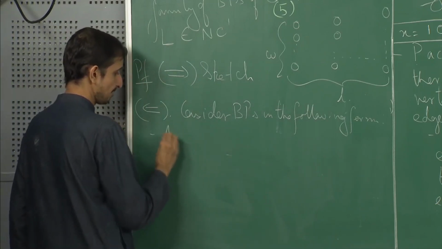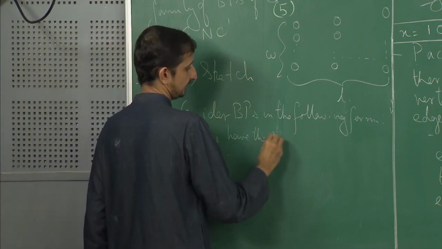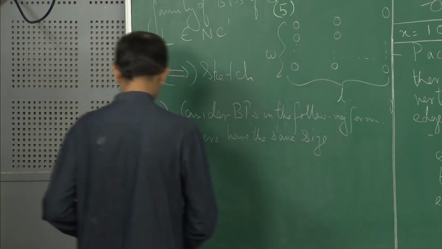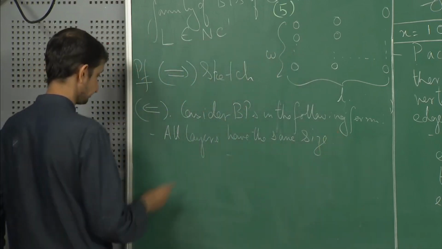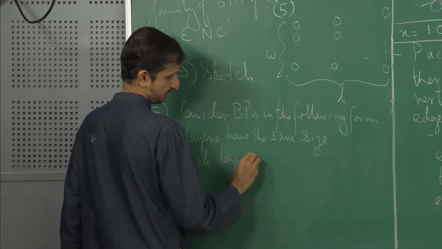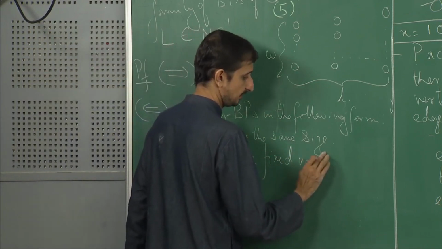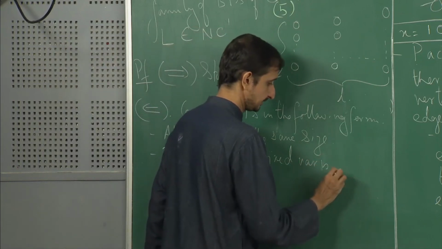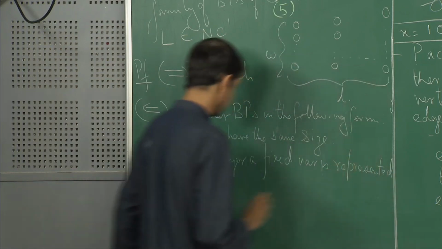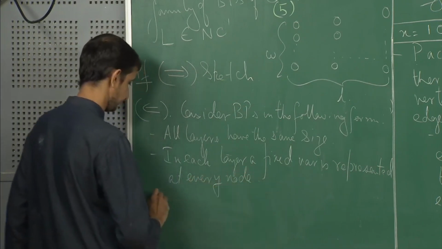Firstly, all layers have the same size, say W. Secondly, in each layer, a fixed variable is represented at every node.